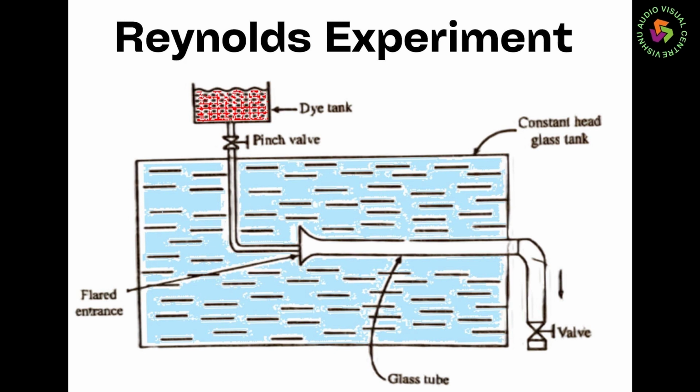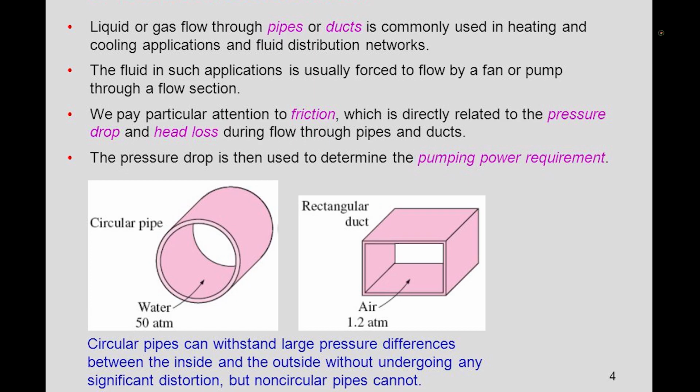The second question is, what are the energy losses in pipe flow? Then derivation of Darcy-Weisbach equation. The third question is hydraulic gradient line and energy gradient line.